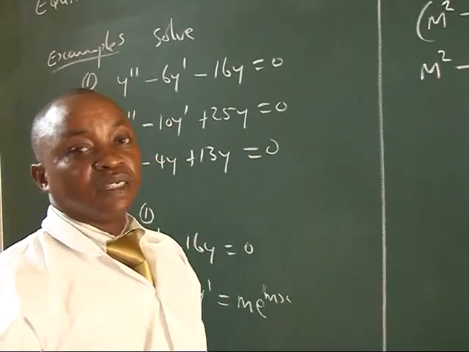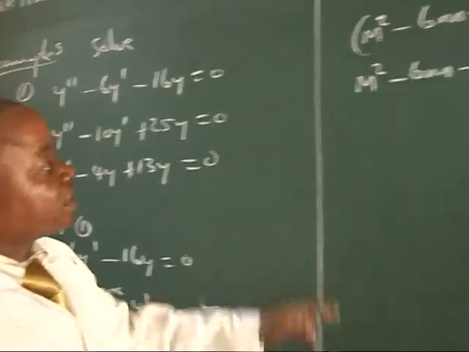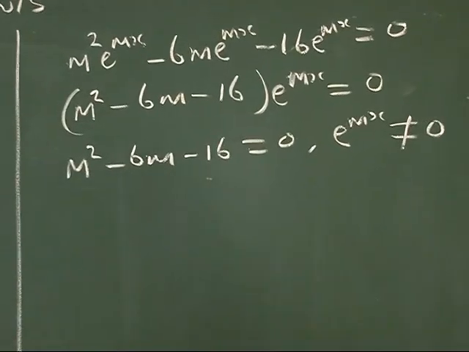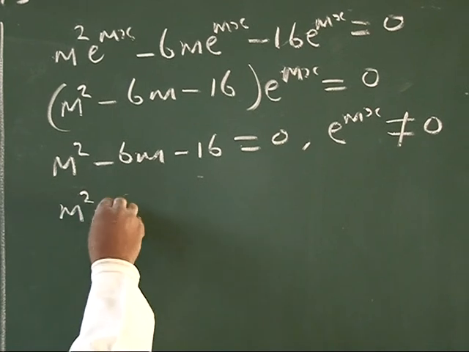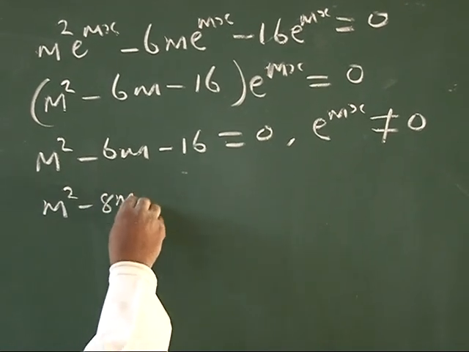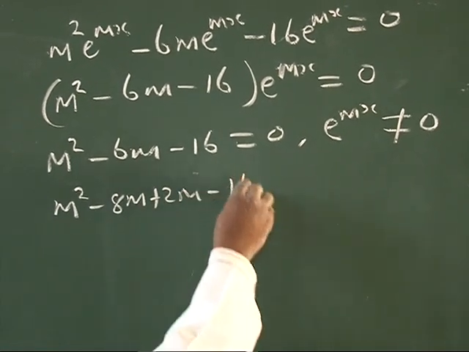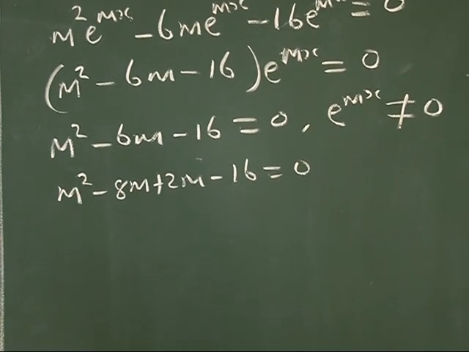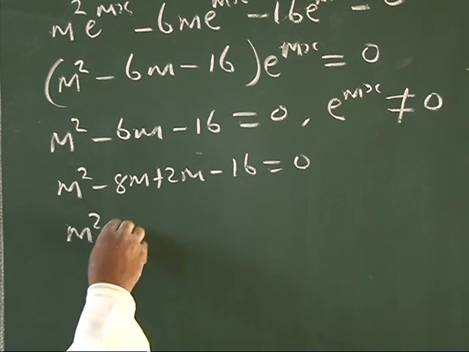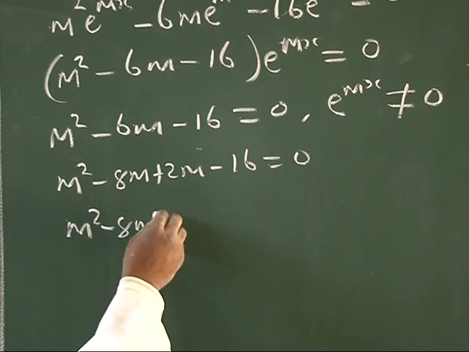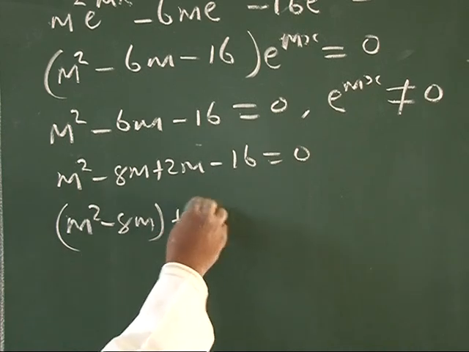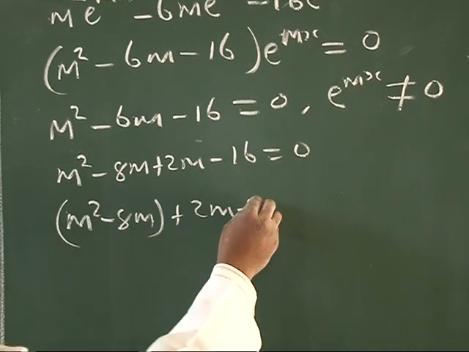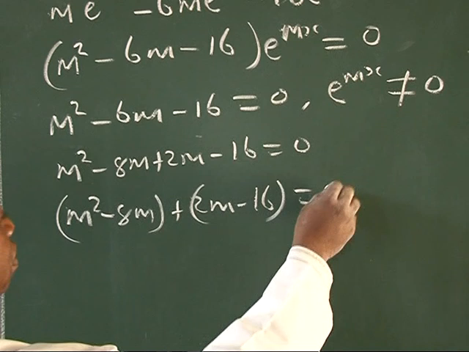This is a quadratic. I want to use factorization to solve. So we have m squared minus 8m plus 2m minus 16 is equal to 0.